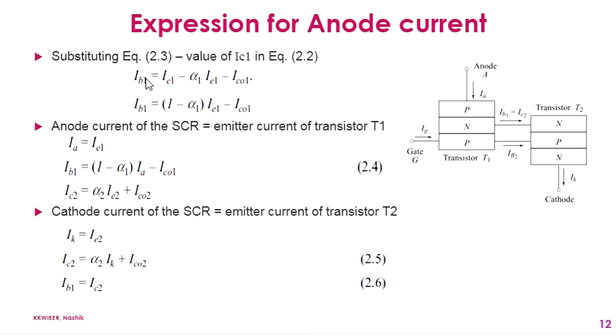In the above expression for IB1, instead of IE1 we write IA: 1 minus alpha 1 times IA minus ICO1.